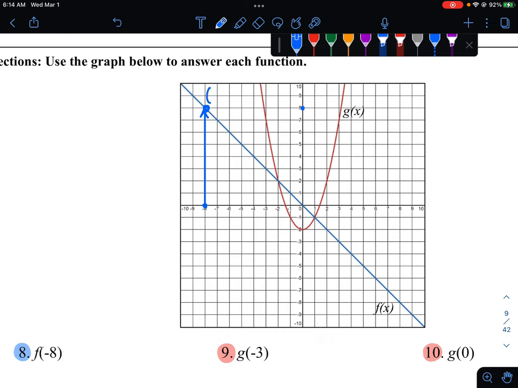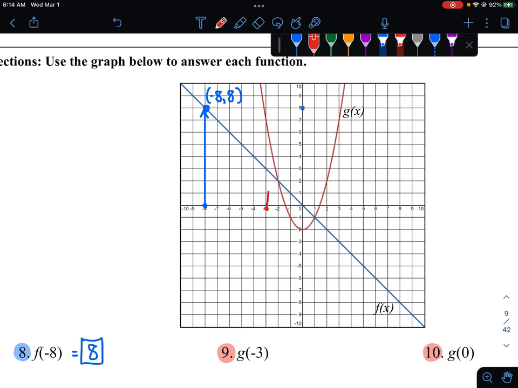So that is the point -8, 8, and that's what I'm looking for. What is the y value when the x value is -8? So that is 8.